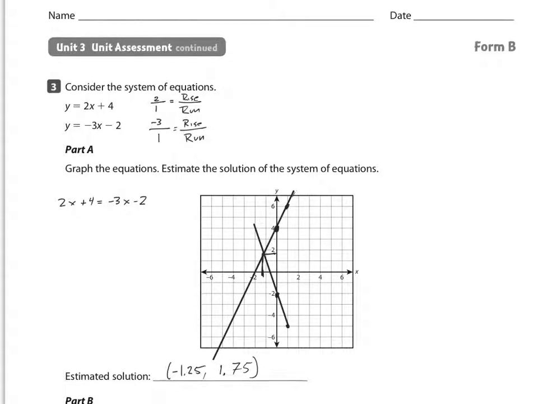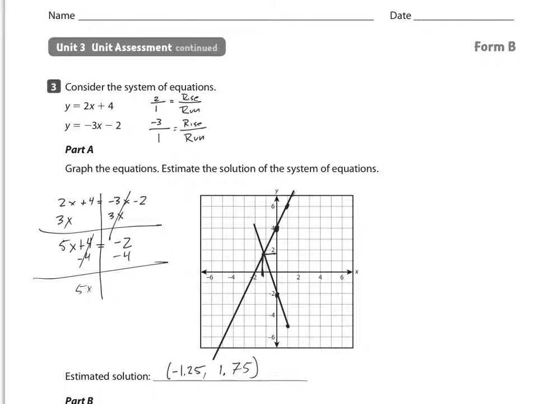Solve for it algebraically. So you're going to add 3x to both sides. This cancels and you have 5x plus 4 is equal to negative 2. Now you're going to subtract 4 from both sides.